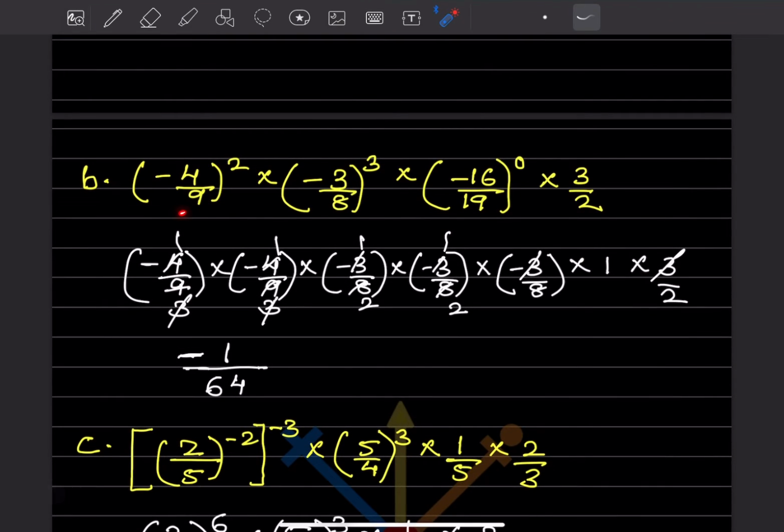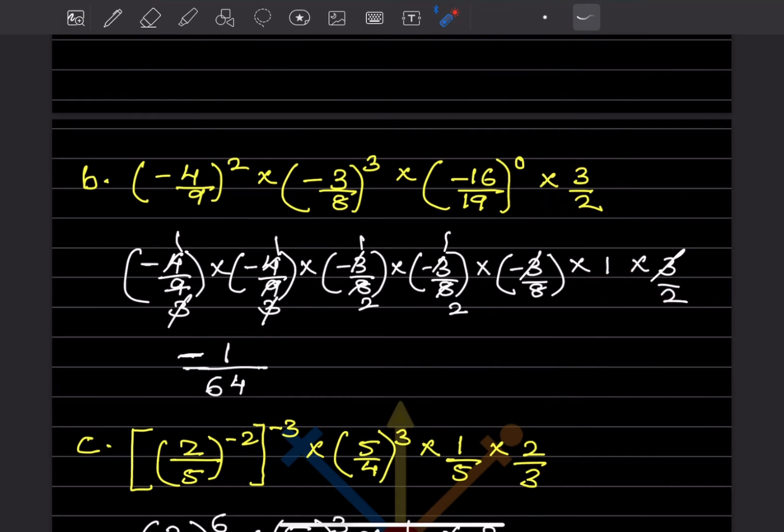Next: (minus 4 by 9) raised to 2 into (minus 3 by 8) raised to 3 into (minus 16 by 19) raised to 0 into (3 by 2) raised to 3. Here it is minus 4 by 9 into minus 4 by 9, 2 times, and this is going to be 3 times. Anything raised to 0 is always 1.